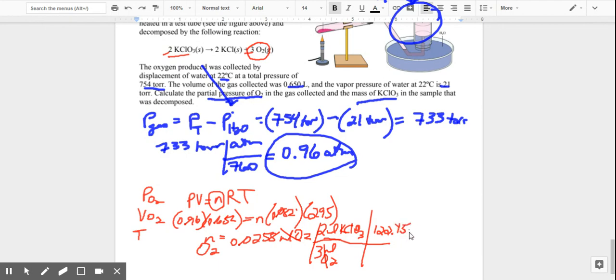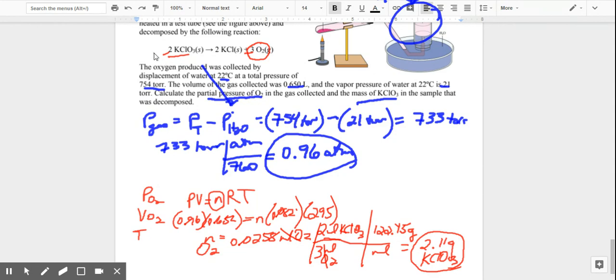So again, that's just added up on the periodic table. You divide by moles because 1 mole is equal to that mass. And now doing the math, so I take 0.0258 times 2 times 122.45 divided by 3, and that value gives you 2.11 grams. Let's label grams of what? That's KClO3. So this is my final answer there.